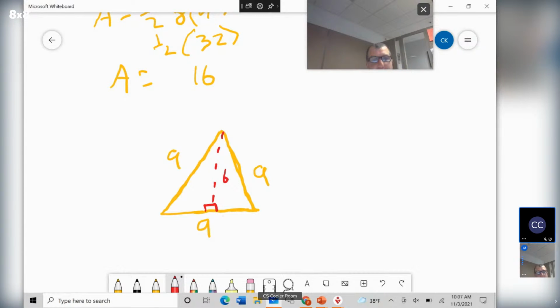So when you see that, that's indicating the height of the triangle is 6 feet. Remember, area is going to equal 1/2 the base times the height.